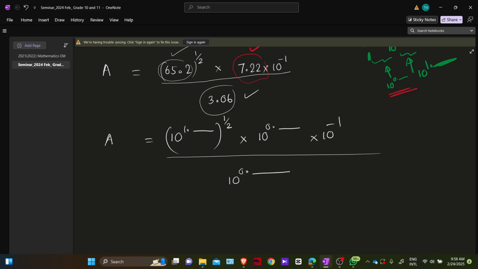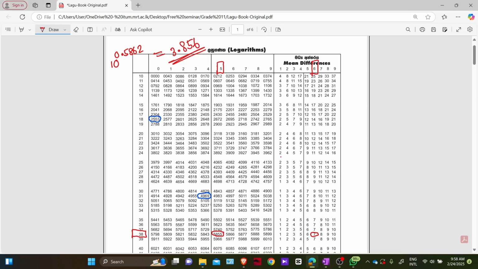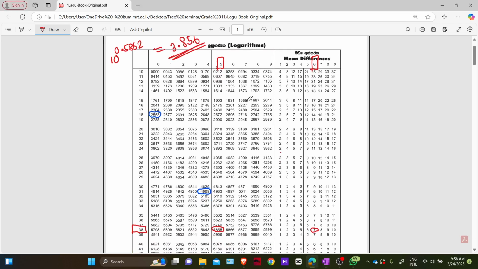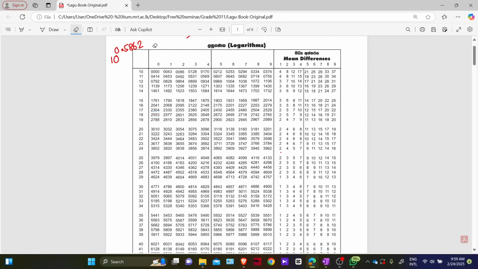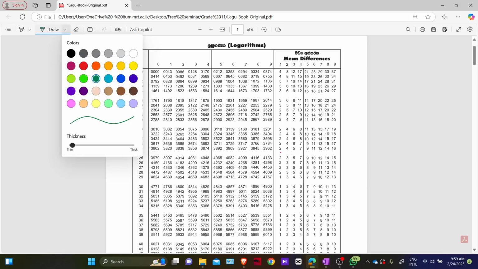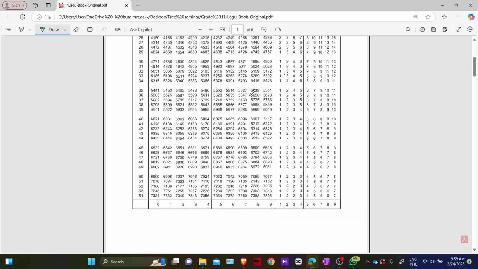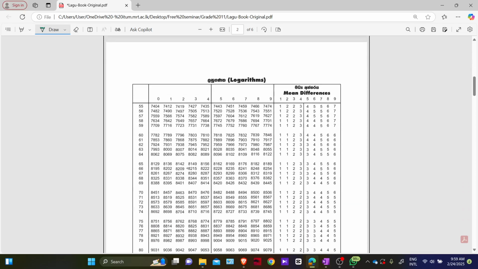65.2, 7.22 and 3.06. Let's find out what is 65.2. Sixty-five is there, 2 is there, right?